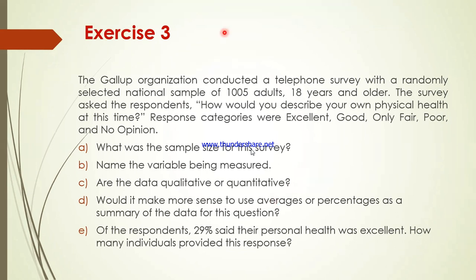Percentage. Yes, because here we are measuring with categories. If we were taking numerical values, then we could use the average. But here we are using categories. So the percentage is a very good measure to summarize this data. Right. Now part E. What is the answer?